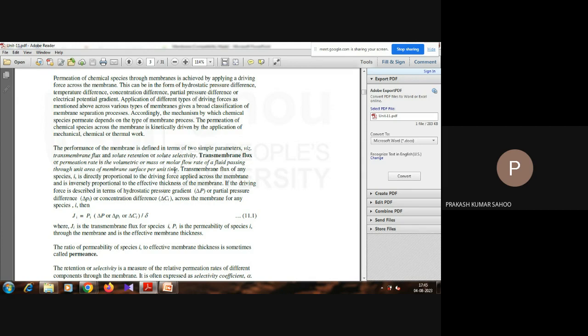This is known as the transmembrane flux. So it is the rate at which the volume, mass, or molar flow rate of the fluid passes through unit area of the membrane surface per unit time.